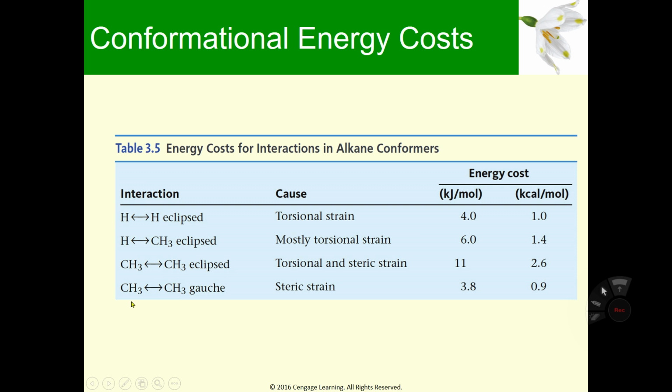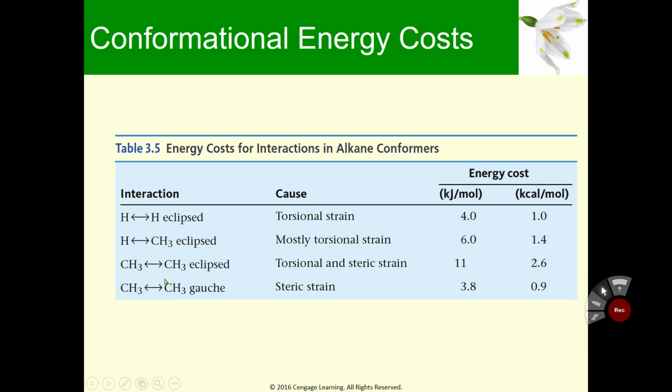This is just a summary of the energy cost for the interactions in alkane conformers. H-H eclipsed, of course that has torsional strain, all right? I told you it's 4 kilojoules. CH3-H eclipsed, mostly torsional strain, but there is some static strain because CH3 is larger than H. That's about 6.